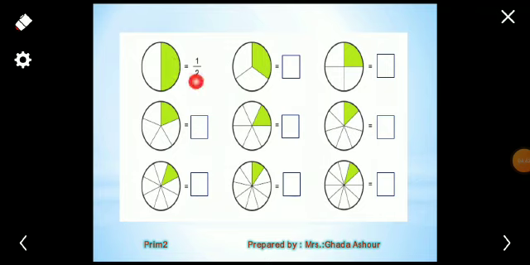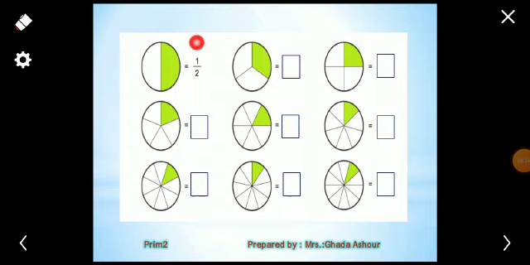1 over 2. How is that? We always write the number of colored parts at the top and the whole parts down. That's the fraction. The fraction is written like this: a number up, a line over, and a number down. What about the upper number?